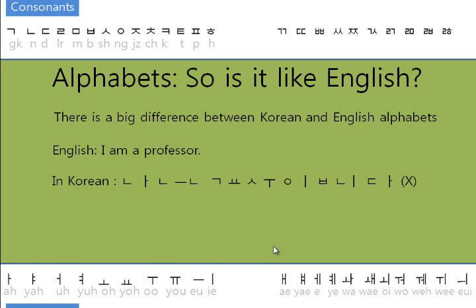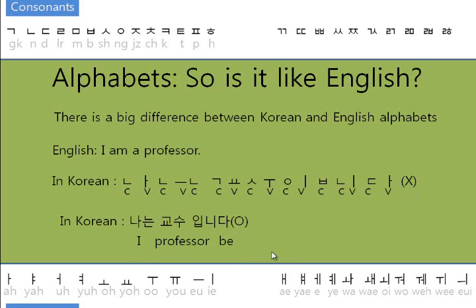We have consonant, vowel, consonant, vowel, consonant, consonant, vowel, consonant, vowel, consonant, vowel, consonant, consonant, vowel, consonant, vowel. Okay, but we don't write this way. We write this way: 나는 교수입니다. Which is, 나는 is I, 교수 is professor, 입니다 is a be verb.